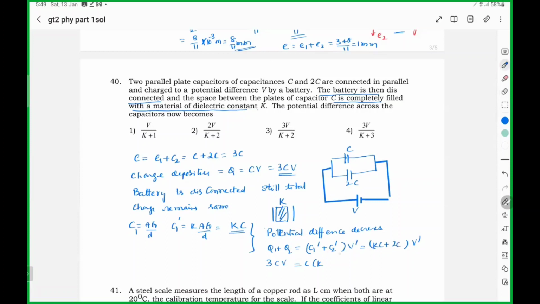The second one remains the same. So K plus 2 into V dash, so V dash will be 3V by K plus 2. The third option is correct.